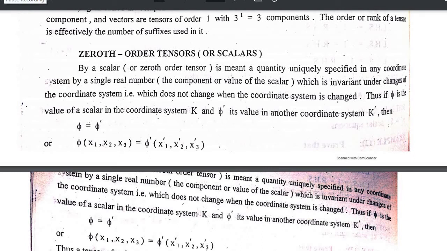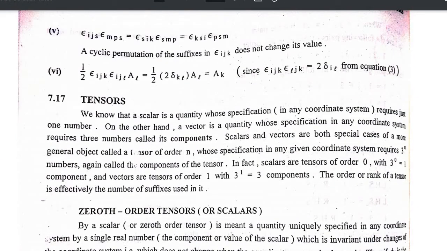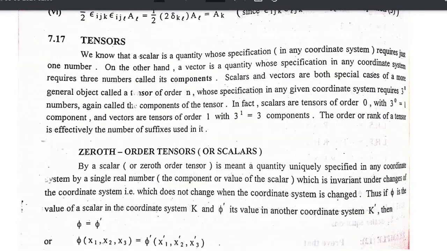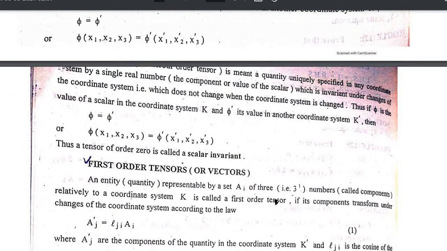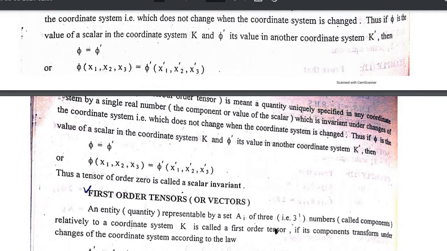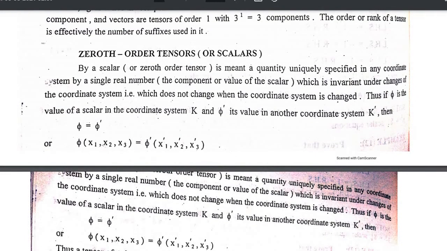Our next topic is about rank of tensor. We have dealt with the tensor and how to find what is scalar, vector, and what is the difference between tensors. So zeroth order tensor. What are zeroth order tensors?